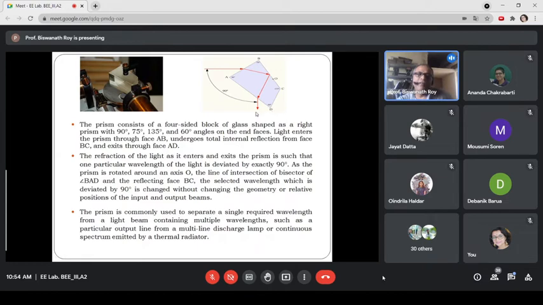So 90 degree deviation is achieved with the help of this prism, as shown in this diagram. And also the spectrum of the incident radiation is created by this prism.